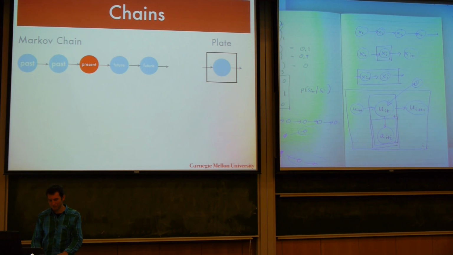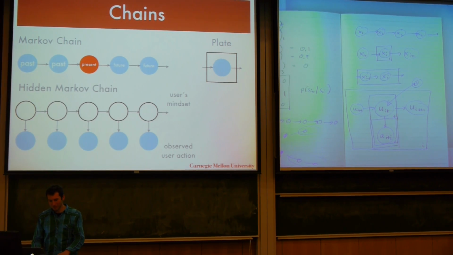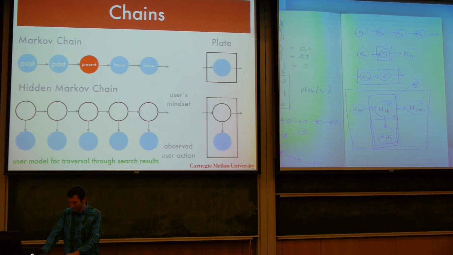So here we go. Here's a hidden Markov chain. Basically, this is what goes on in my mind. This is what comes out of my mouth. So these are observed. This is what I'm thinking of. One would hope that what I talk about is correlated to what I'm thinking of. And this is what you get.